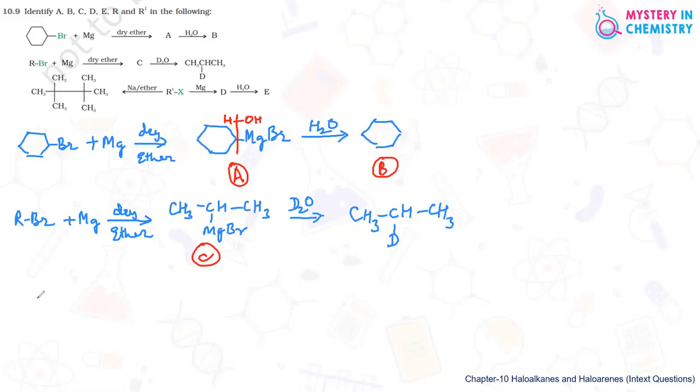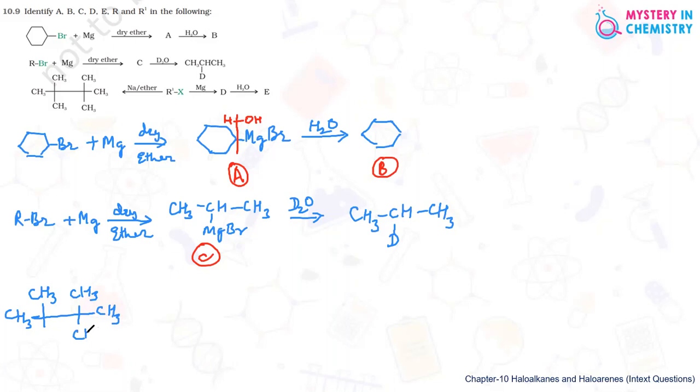Now come to the next one, the last one. Here the starting compound is CH3, then here 2 lines, all occupied by methyl groups.